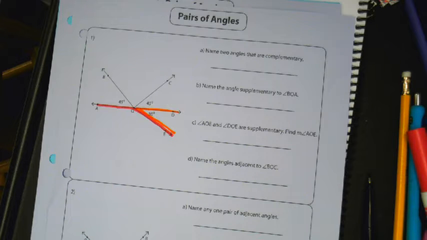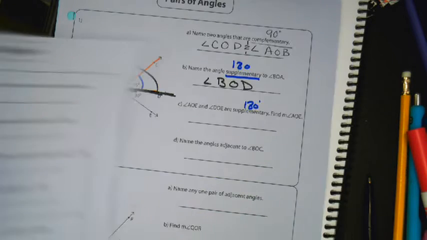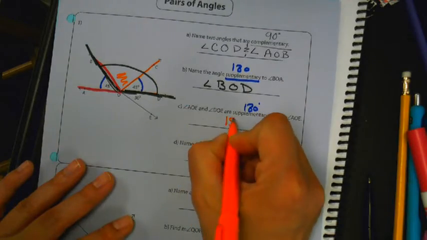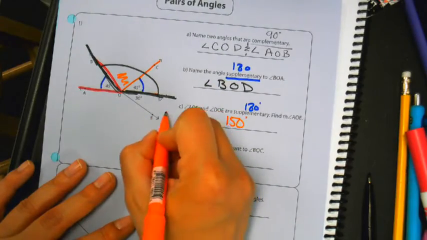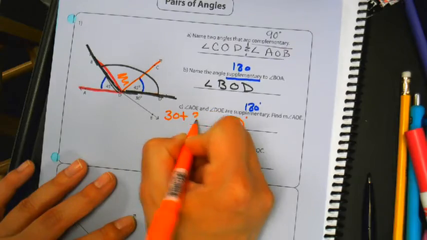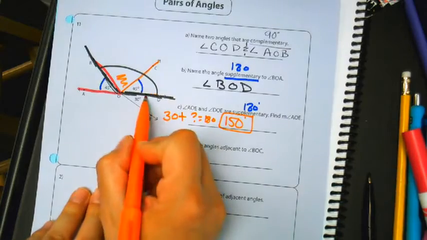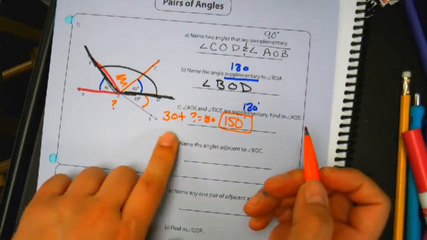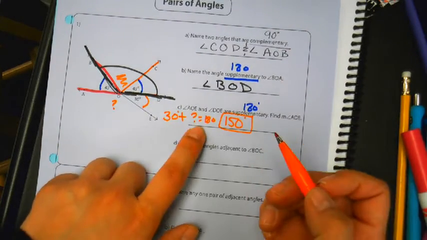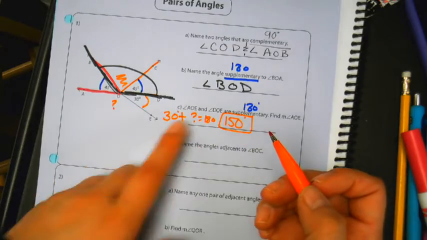AOE and DOE are supplementary. I want to know what AOE is. So what is this measure? Because 30 plus question mark equals 180. This is 30 and this is question mark. So 30 plus question mark is equal to 180. So we have 150 left over.